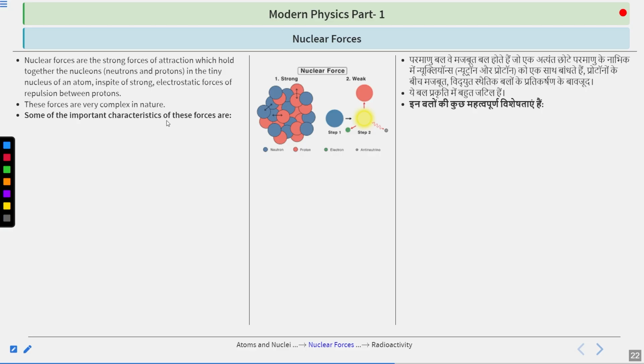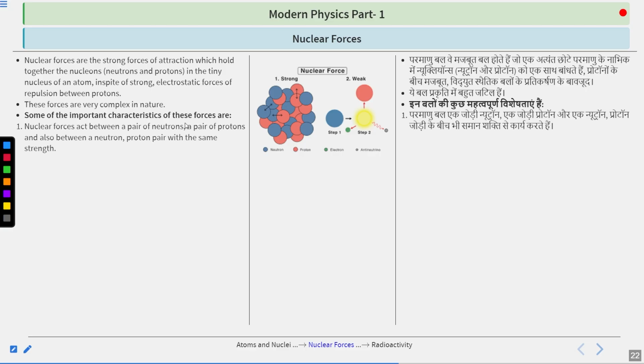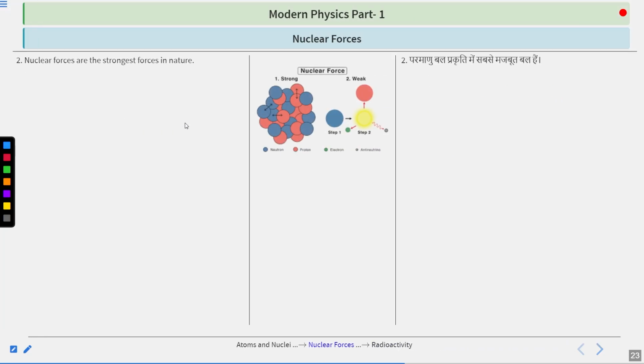Some of the important characteristics of these forces that we can go through are, first, nuclear forces act between a pair of neutrons, a pair of protons, and also between a neutron-proton pair with the same strength. This shows that the nuclear force is independent of charge. Nuclear force is also the strongest force in nature.